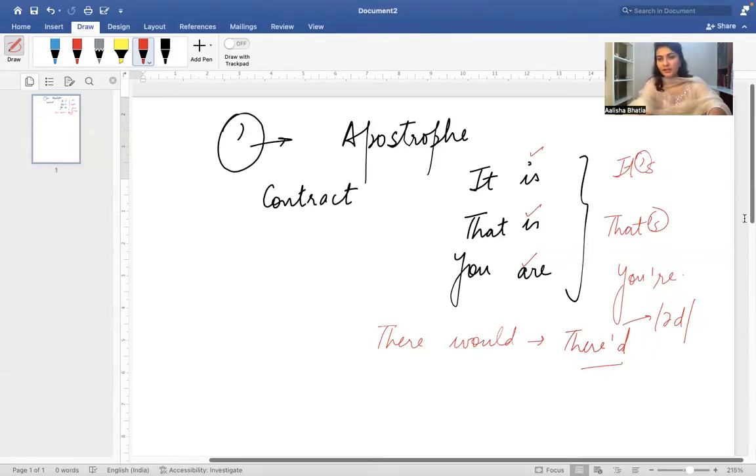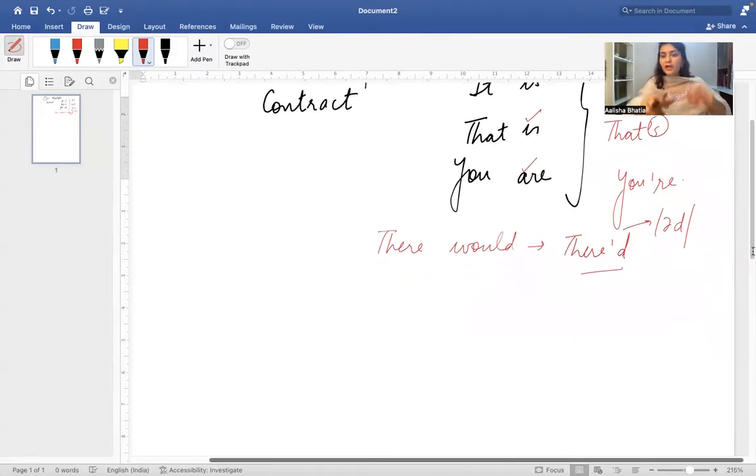Now what happens? The error comes when we have to make possessives. This is the anticipated error: the overuse of an apostrophe S, an incorrect use where we are not required to do that. For example, I'm talking about your. These are what we call possessive pronouns.